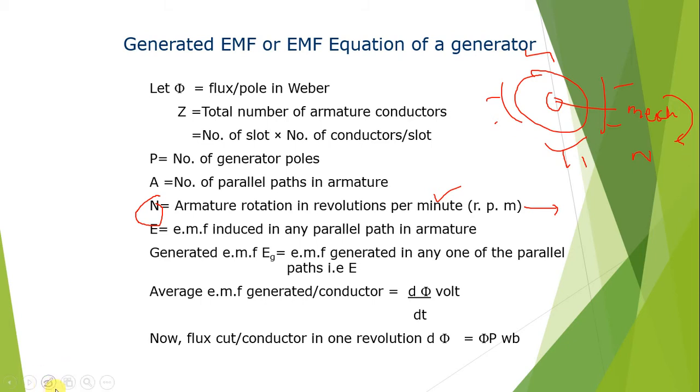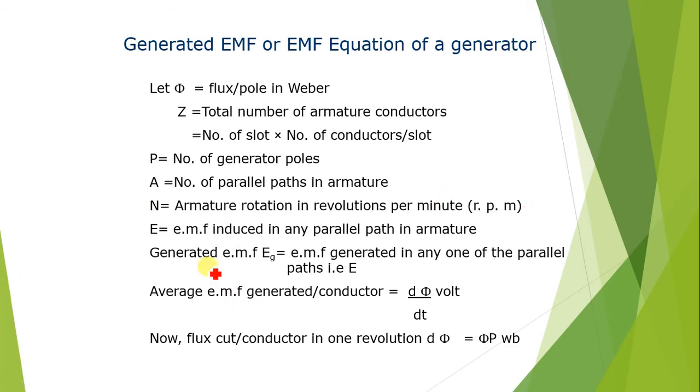The next one is E, or in certain textbooks it is given as V. Both are the same. E is the EMF induced in any parallel path of the armature.